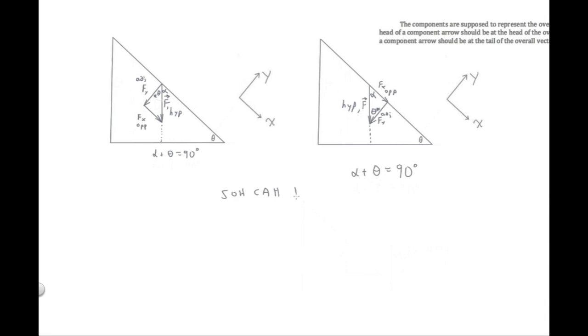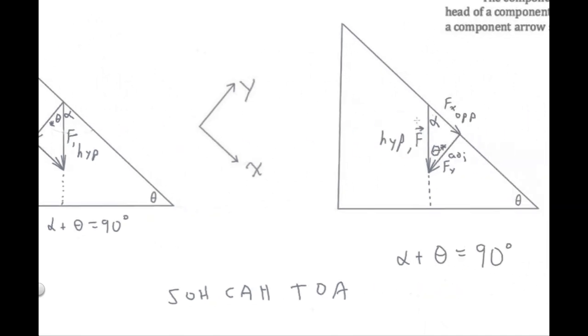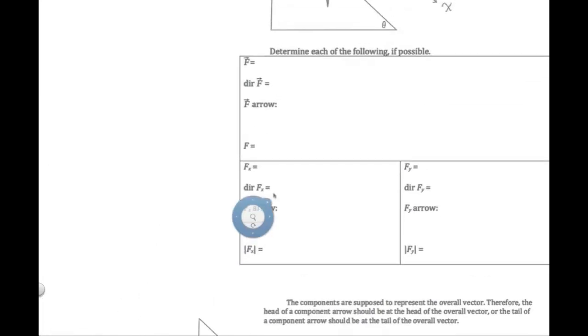Now we can use SOHCAHTOA to break things into components. As usual here, we know this hypotenuse. I think I'll stop using the arrow here and simply say that we know the magnitude of this hypotenuse is given by the symbol F. They gave us this symbol for the vector, we know if this is the symbol for the vector, then the symbol for its magnitude is F without an arrow.